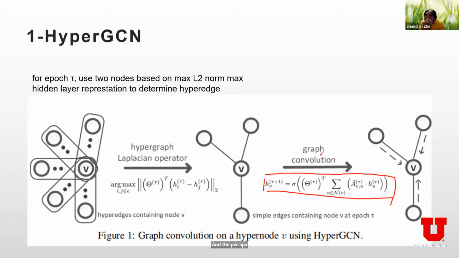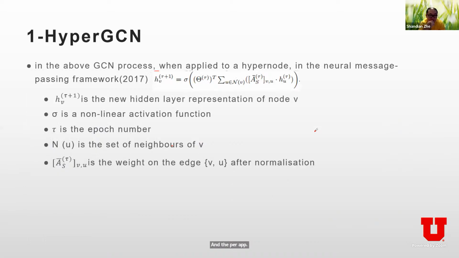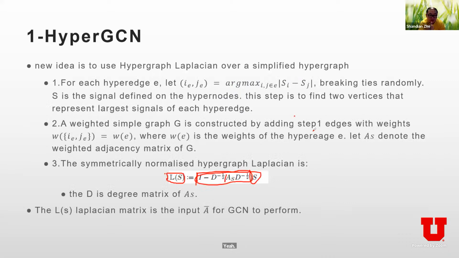No, I mean, I go back 2 slides. I'll go back 1 slide. So this is a very simple approach, they convert the hypergraph into a normal graph, right? And then they just apply the standard GCN? Yes, they just use the simplified graph to apply the GCN.